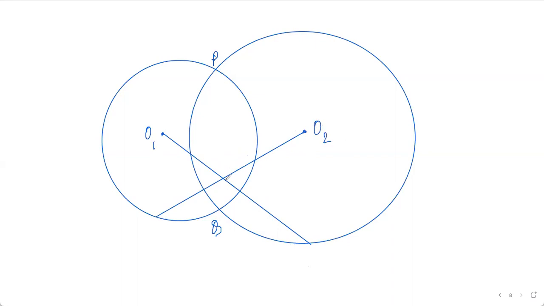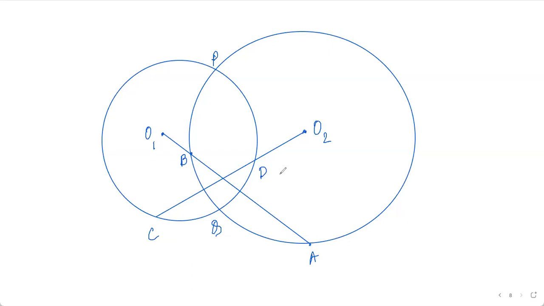The two circles are meeting at P and Q. Now this is the point A, this is the point B, this is the point C, this is the point D. Now O1A intersects the second circle at the point B, and similarly O2C intersects the first circle at the point B.